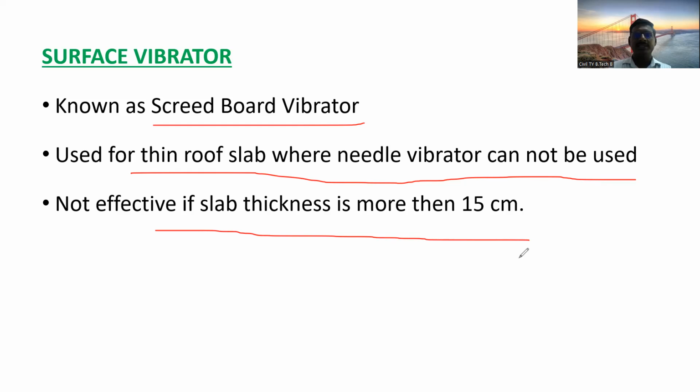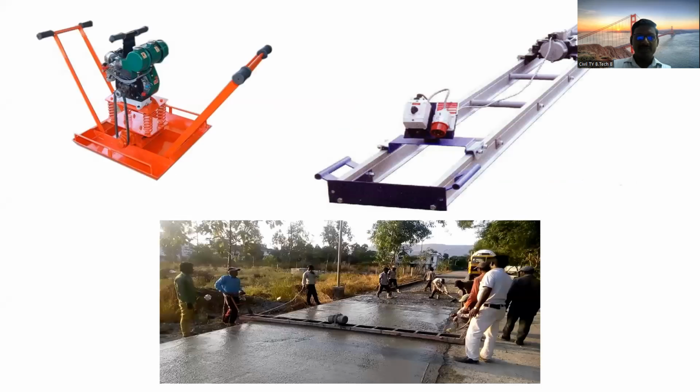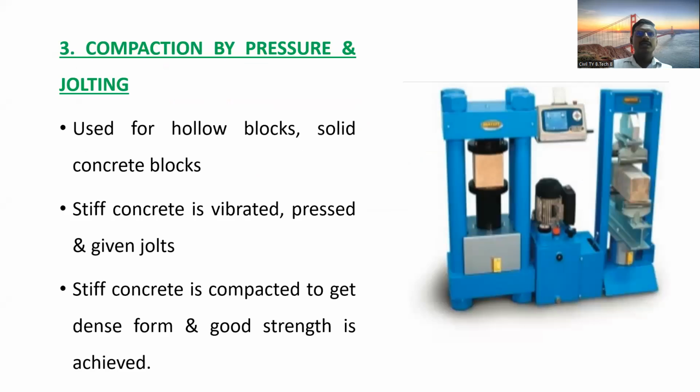In this situation we can use this particular surface vibrator where the thickness of the slab is less than 15 centimeter. Okay, so now we have seen these sketches, how we can use the surface vibrator for compaction.